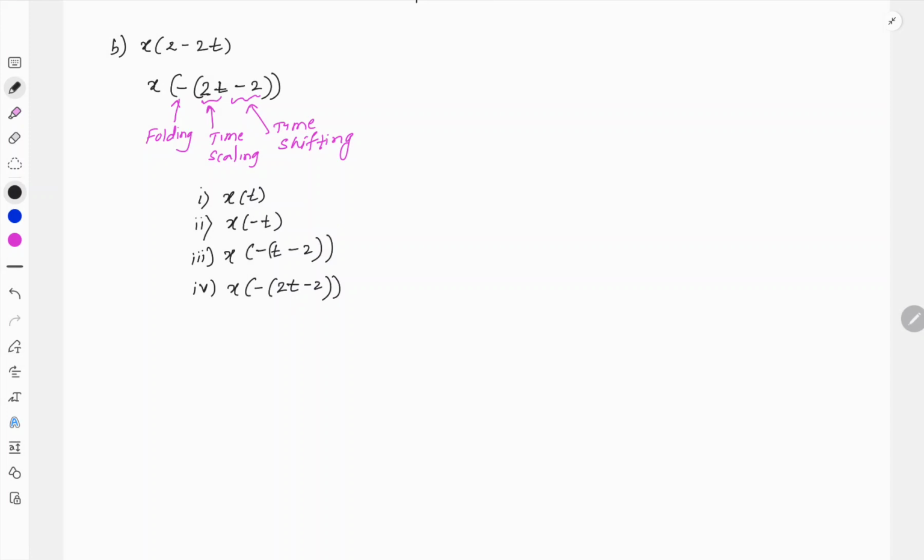And last we have to draw x of minus 2t minus 2, that is the time scaling operation. So let us draw this signal. So originally we have x of t, so it starts at minus 2, ends at plus 2 with amplitude 1.